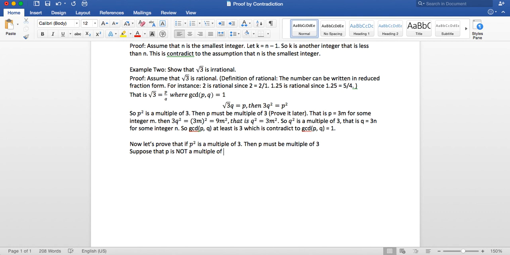You prove it by contrapositive. Suppose p is not a multiple of 3, then p squared is not a multiple of 3. This is proof by contrapositive.